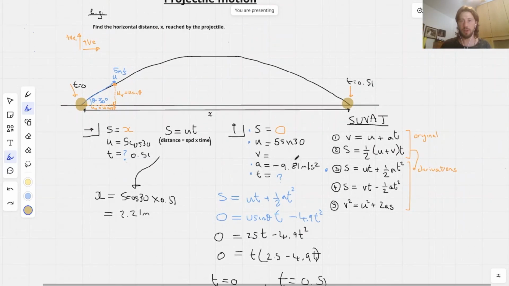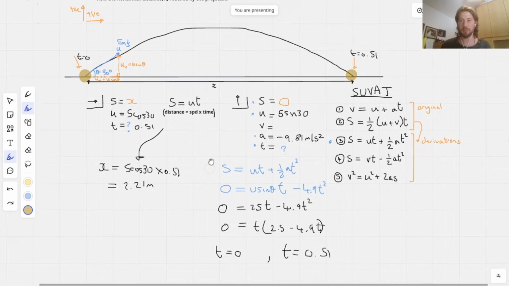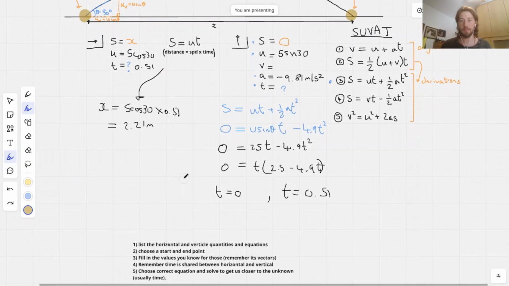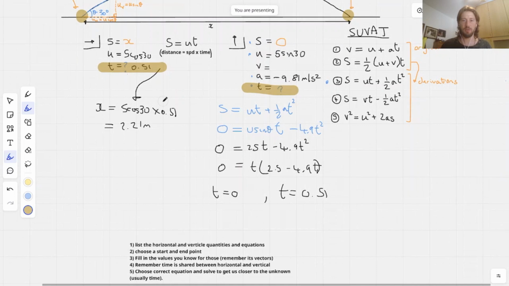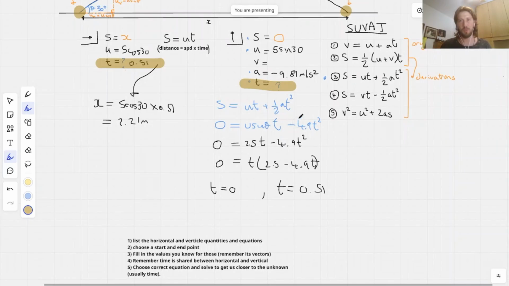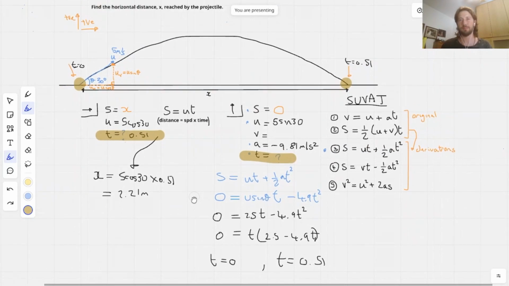So sometimes you might have negative quantities for displacement or whatever it might be. Then remember, time is shared between the two, so these will always be the same. Everything else is independent. And then we choose one of the equations to get us closer to our unknown. And more often than not, you'll see that it is this equation that we're solving for time.